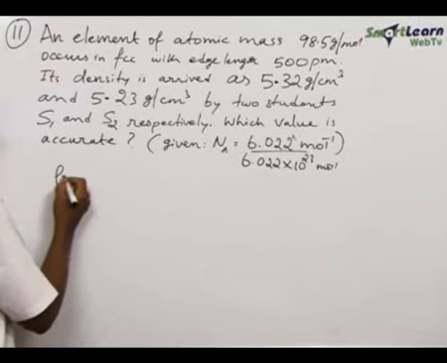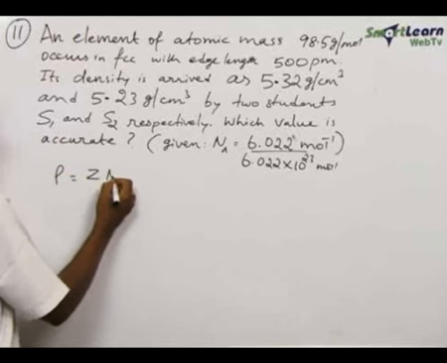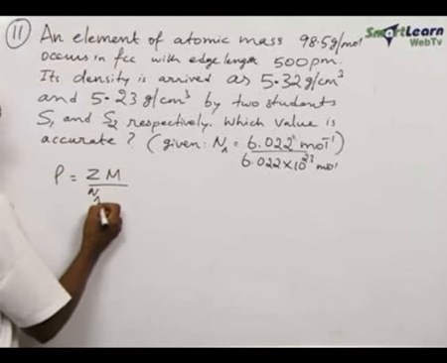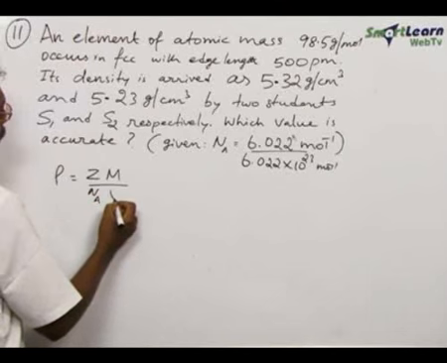So density is given by the formula Z M divided by Na into the volume.